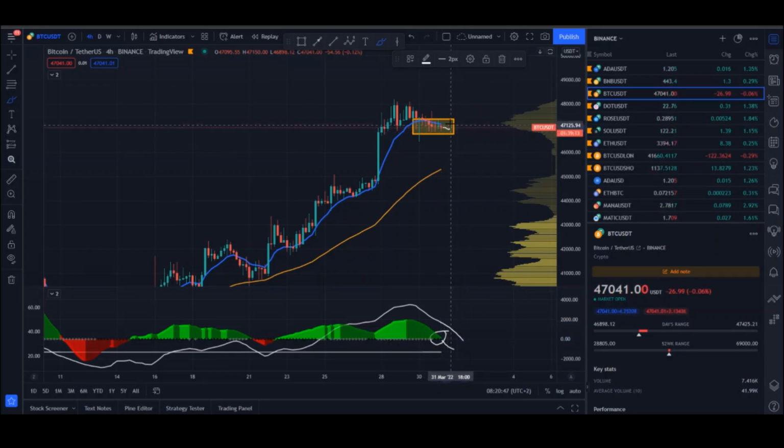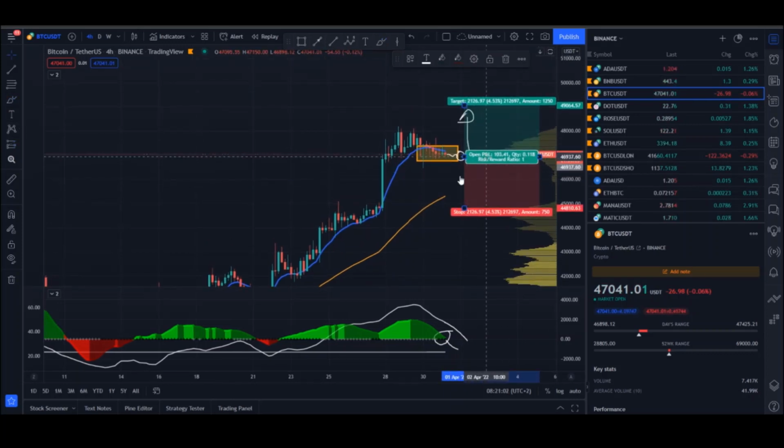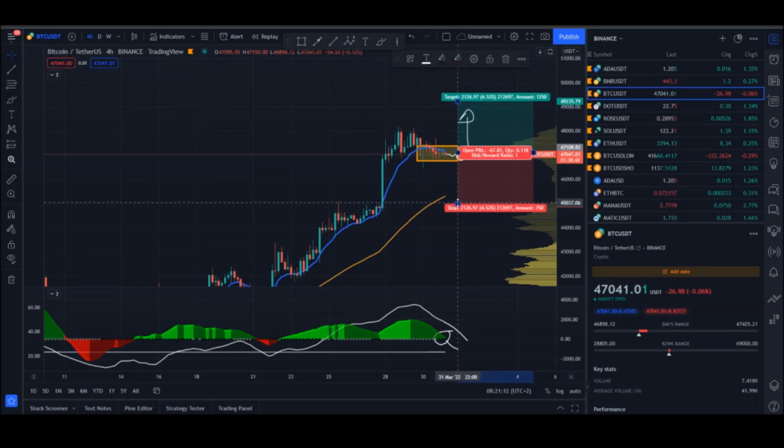Maybe this will be something like that, and here you can buy again in 4 hours with a stop, and you need to always put your stop below the average line, something like this, okay, with maybe 5% of the trade in the stop loss.